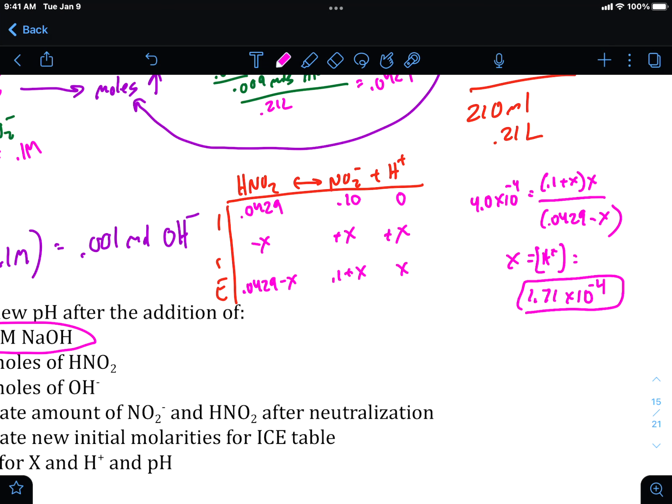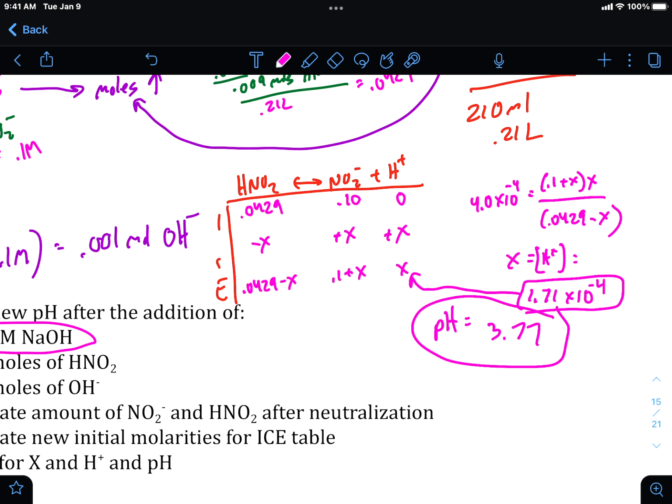Okay. That means the pH is the negative log of the H+, and so we get about 3.77 for our pH. Does that make sense? What did we add? Base. Therefore, we expect the pH to change how? To go up. A lot or a little? Just a little, and it did.